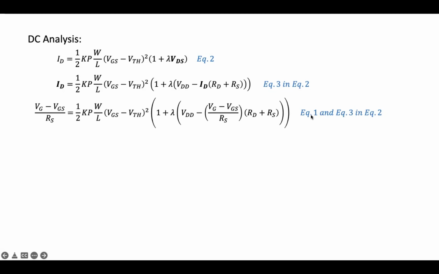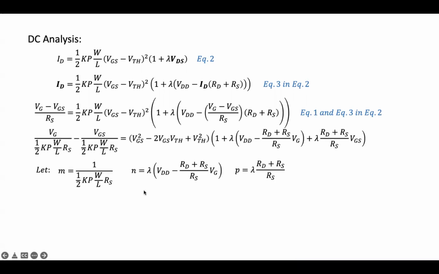So we now have equation 1 and equation 3 in equation 2. Alright? So that became our equation, no? So from equation 1, I substituted the equation for the drain current. So from here, the only unknown parameter would be the VGS. Then simplify this, use algebra.